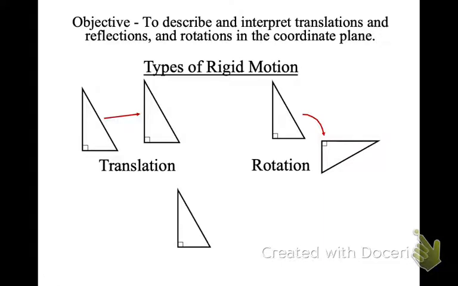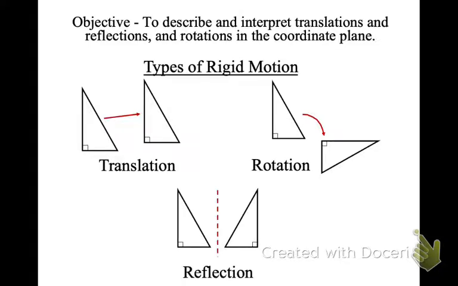And then the last form of rigid motion is called a reflection. Imagine if I had a mirror right there. If I put a mirror exactly right next to the first triangle, what would it look like in the reflection? It would look like the triangle was like that. It's reflected exactly on the other half.